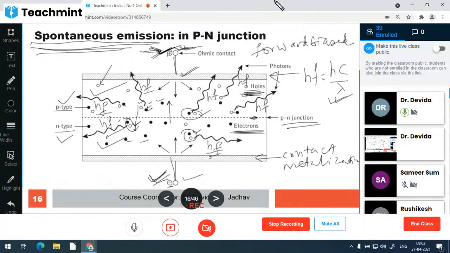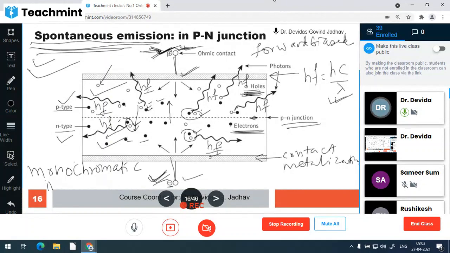So spontaneous emission is monochromatic, but it is incoherent. So the emission takes place in the junction semiconductor crystal in this way.